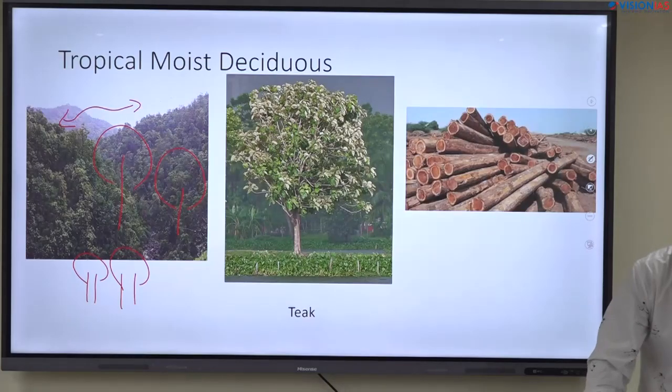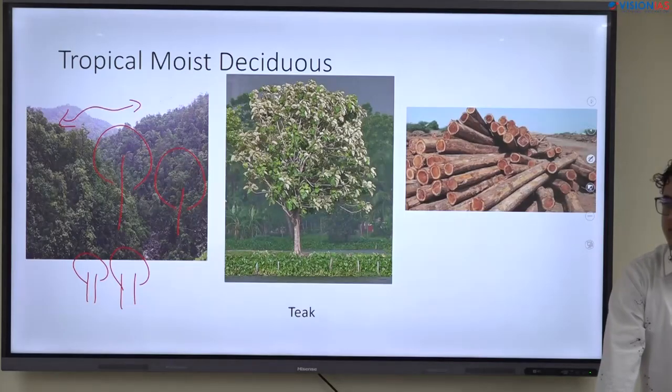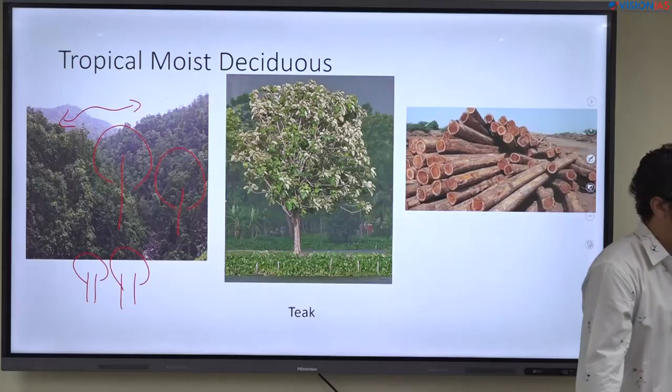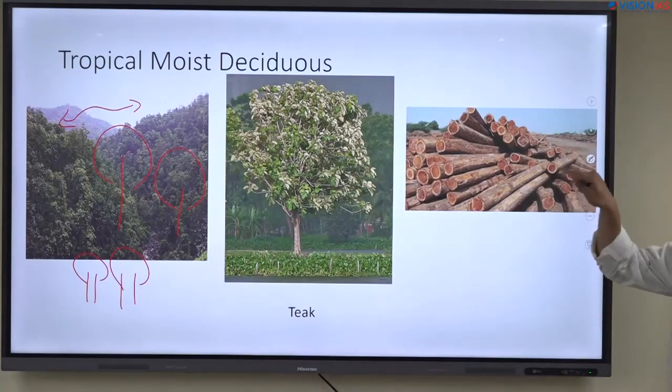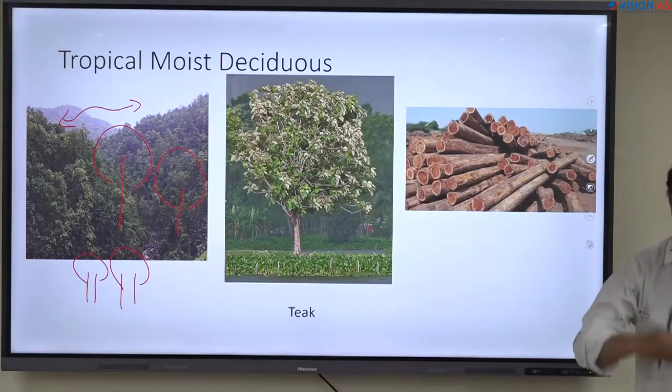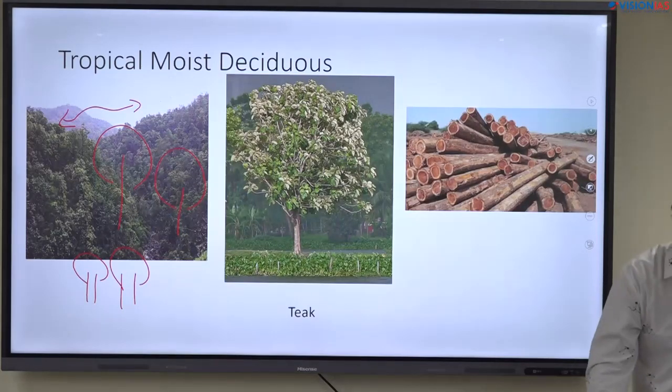Read the first statement. Annual rainfall is from 100 to. Now, what was the rainfall in the previous two categories? At least more than 200. But here the rainfall is reduced. So the resources have reduced, competition has increased, and that is why you see non-uniformity in the forest. Some trees are bigger, some trees are smaller.